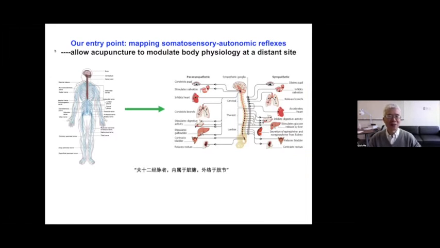But in today's talk, I want to introduce the somatosensory autonomic reflex. I think this system provides a vehicle for acupuncture to distantly control physiology. My lab has studied the somatosensory system for the last 20 years, studying somatosensory transmission like pain and itch.